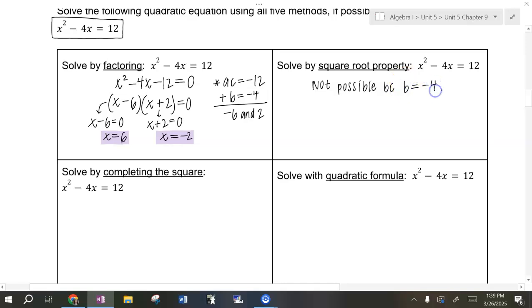The b value is negative 4, not 0. All right, so go ahead and write down this is not possible because b equals negative 4, and it has to have b equal to 0 to use square root property.